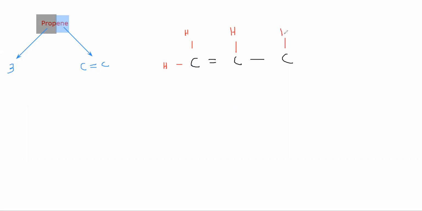It will have 3. Why is the last one a single bond? I told you the term ene means that the first 2 carbons should have a double bond and the remaining all will have single bonds. The term ene does not mean that all the carbons in the chain will have double bonds. It means the first carbon atoms have a double bond and the remaining have single bonds.